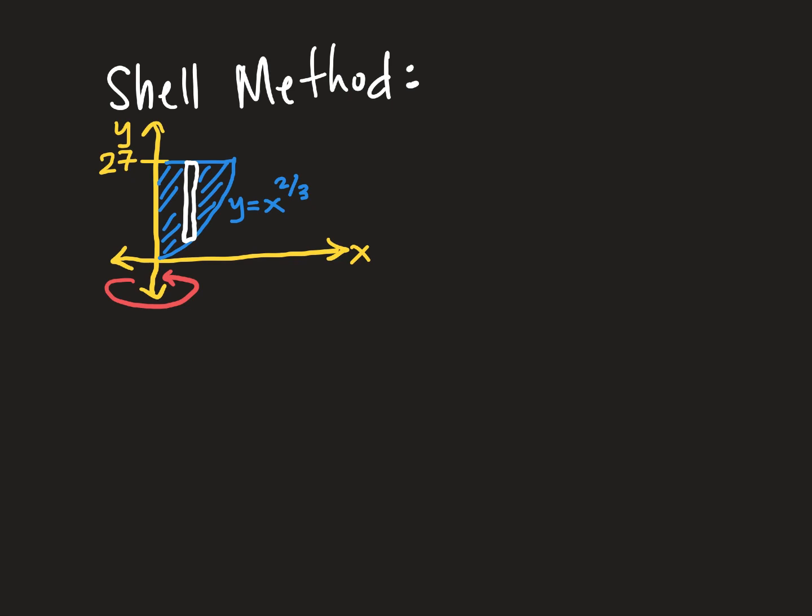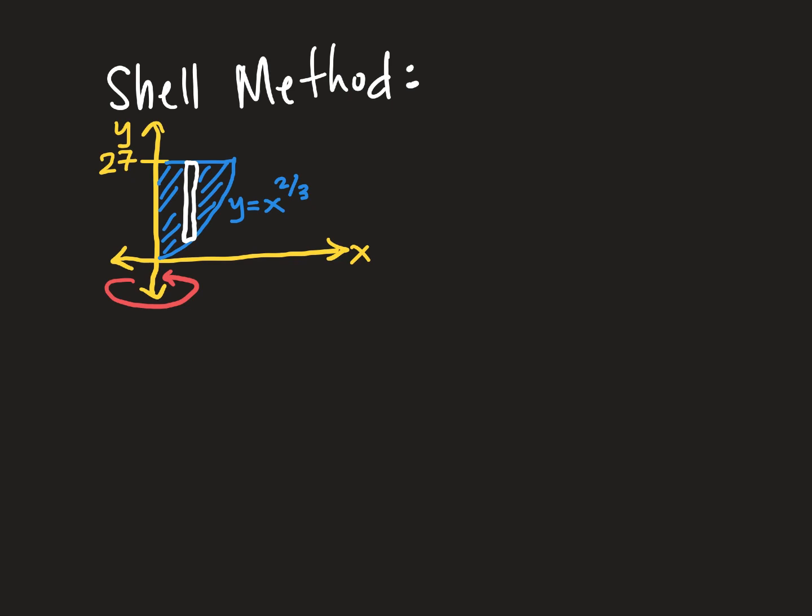So what I do is imagine this white rectangle being spun around, and I'm going to follow the path. Oh, why is that blue? Because I just colored in the blue region. I'm going to follow, in my imagination, the path of that white typical rectangle.